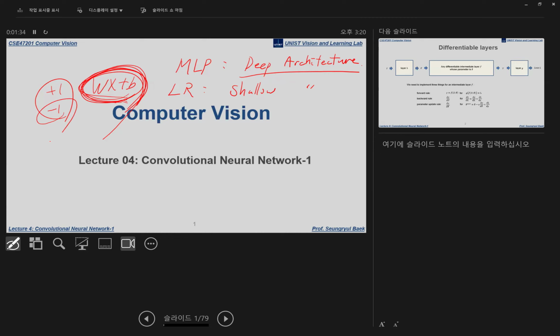So SVM, linear regressor, or other traditional machine learning algorithms mostly use one linear layer. In the SVM, you may remember we used the kernel trick to map them to the nonlinear space. That was the best trick they could imagine.